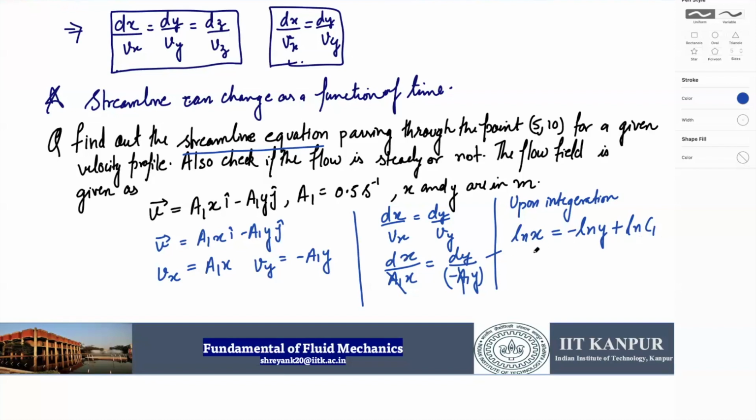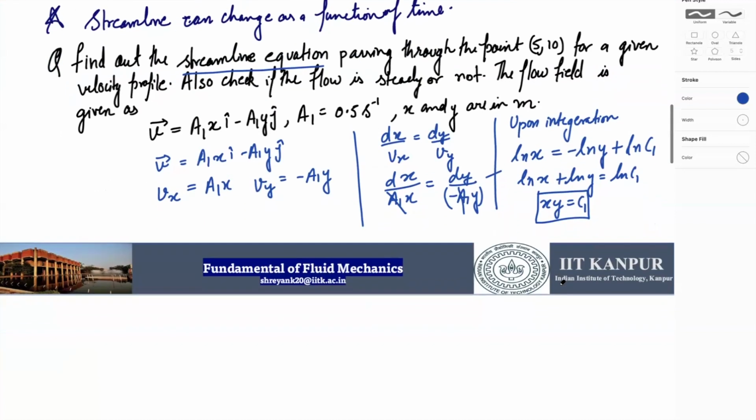So what we get is ln x plus ln y is equal to ln c1. So xy is equal to c1. Okay, so this is the equation of the streamline.